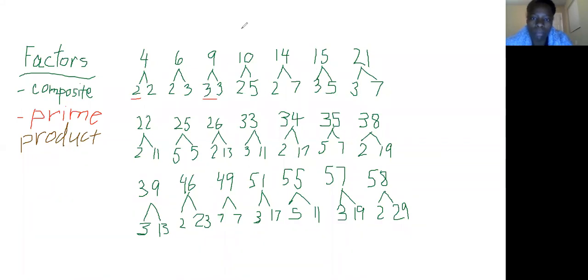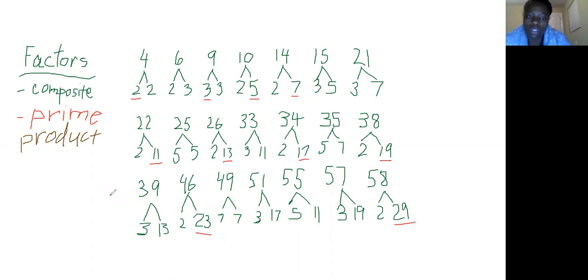It's also a prime number. 5 is a prime. 7 is a prime. 11 is a prime. 13 is a prime. 17 is a prime number. 19 is a prime number. 23 is a prime number. And 29 is a prime number. So I want you to notice that there are prime numbers associated with these composites.